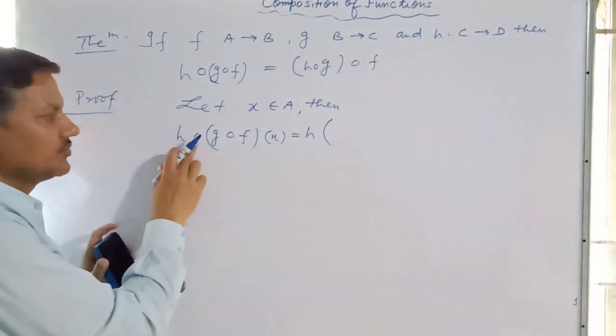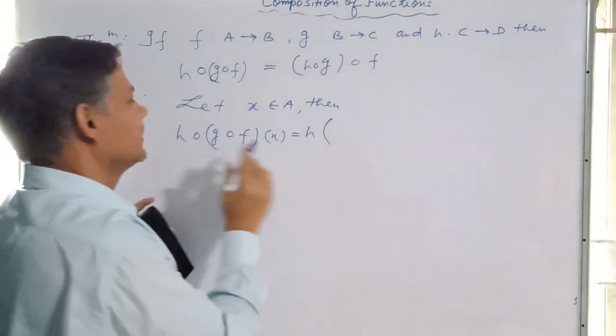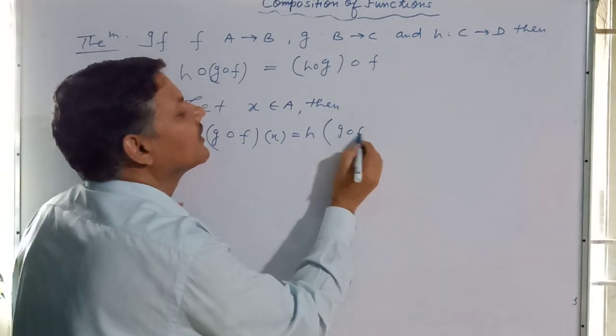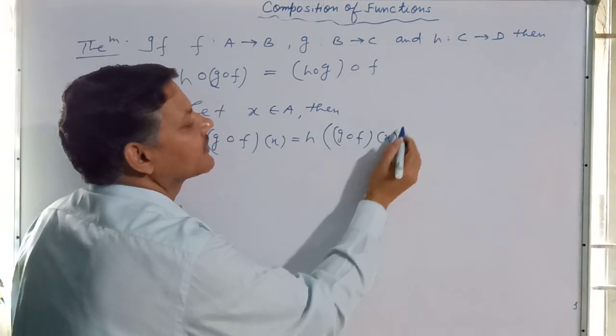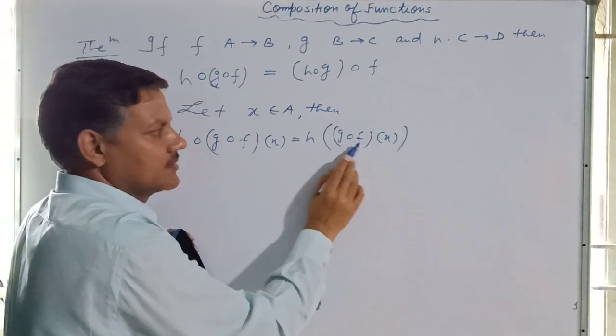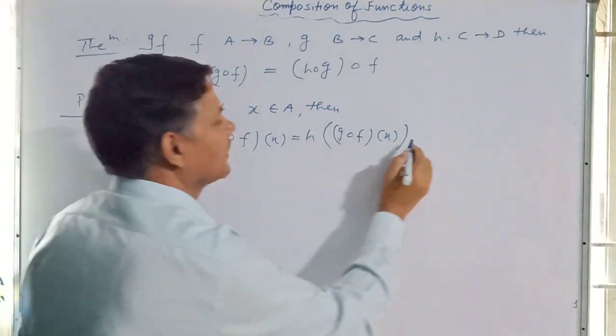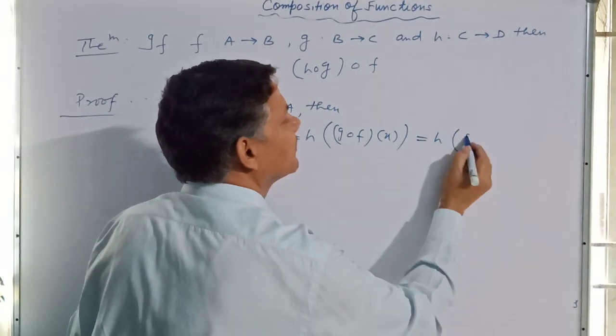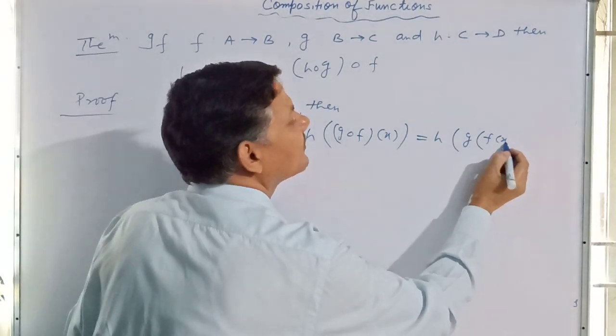By the definition of composition of functions, we write h of (g composition f) of x. Again using this in f composition g, we get it is equal to h of g of f(x).